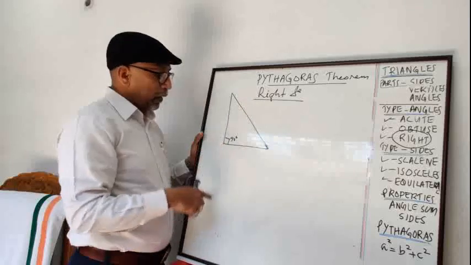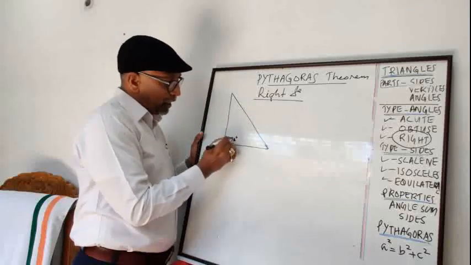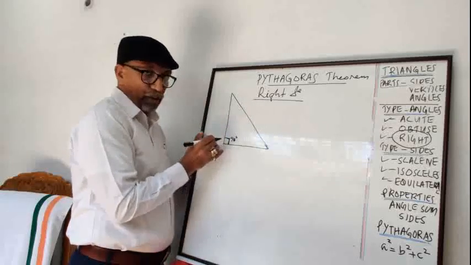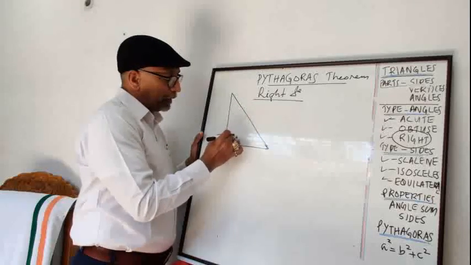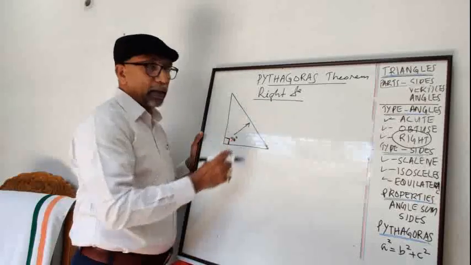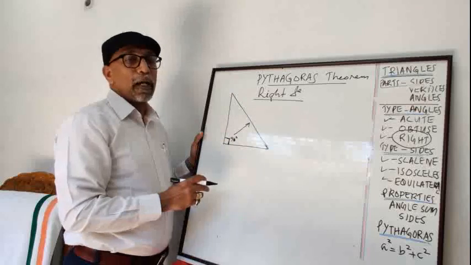Now look here. If this is the angle which is 90 degrees, then the side opposite to this one has some specialities.